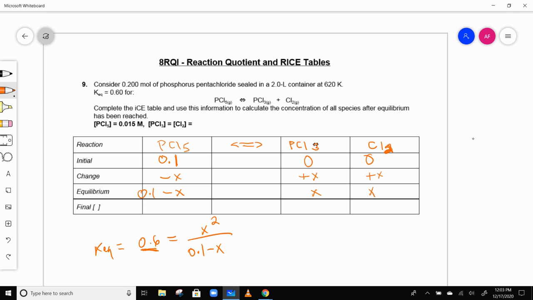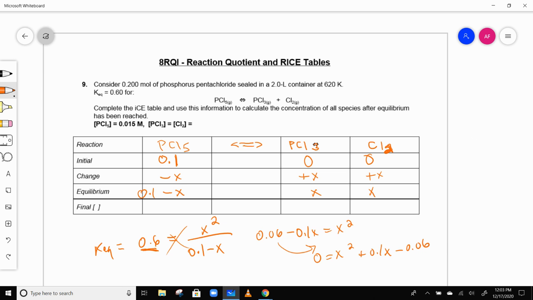What instead we have to do is multiply this out. So we multiply and set them equal to each other. So 0.06 minus 0.1x equals x squared. And then we make everything equal to 0. So we bring it all over to this side. So we get x squared plus 0.1x minus 0.06.